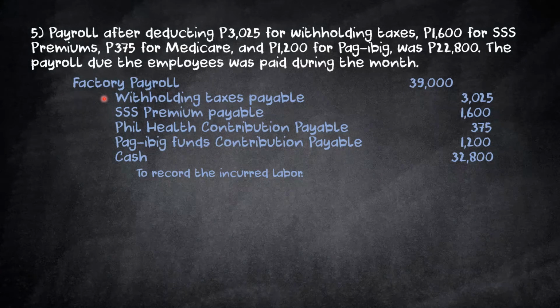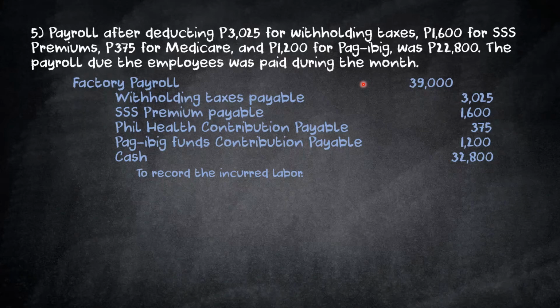Bakit cash? Ang sabi sa problem, the employees was paid during the month. So, ibig sabihin, naglabas na tayo ng cash. Pero if ever nasabihin na hindi pa binayaran, instead of cash, we would credit accrued payroll. Okay, ganyan lang naman siya kasimple.